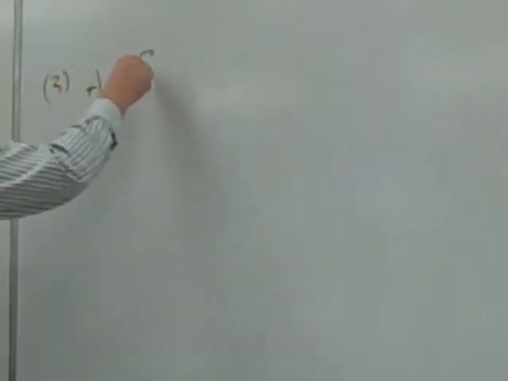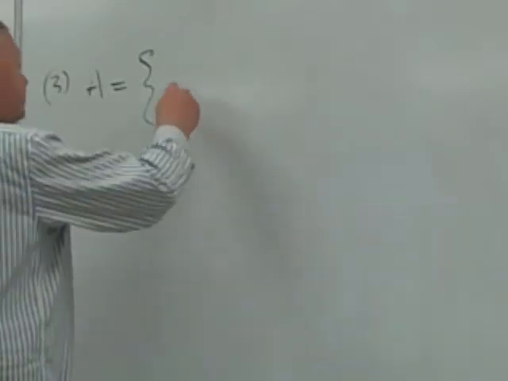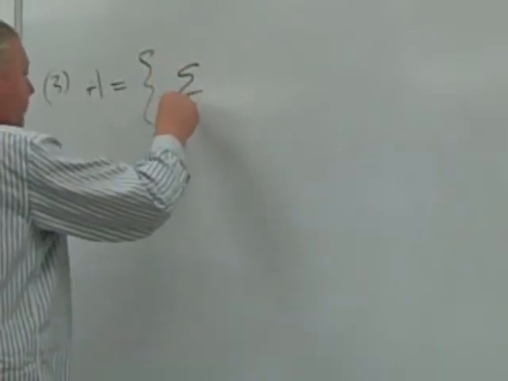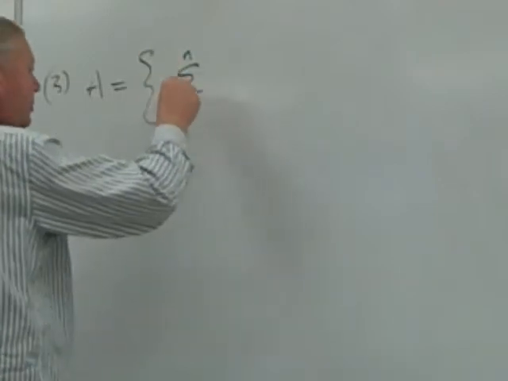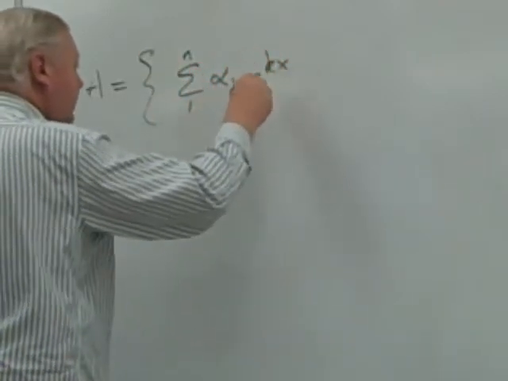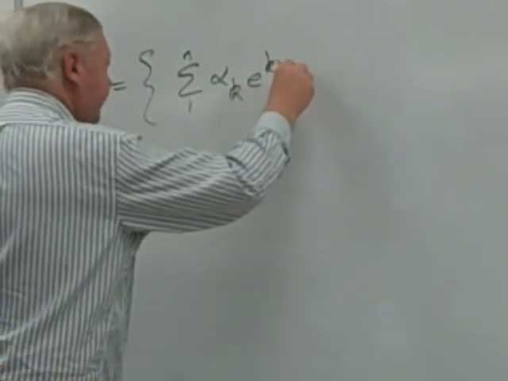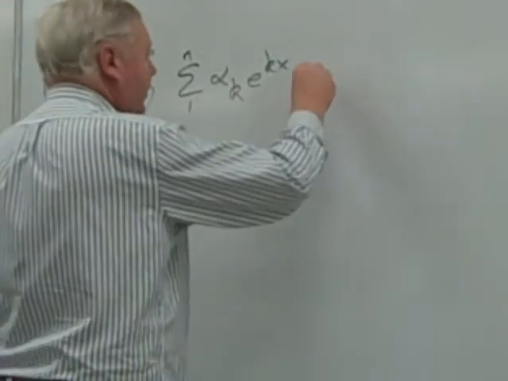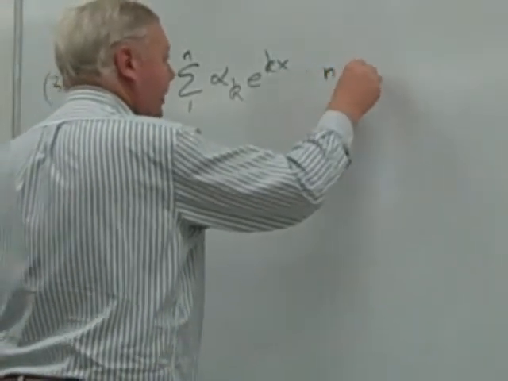Example number 3. Let A be equal to the set of all things that look like this: the sum from 1 to n of alpha sub k, e to the kx, such that n is varying.